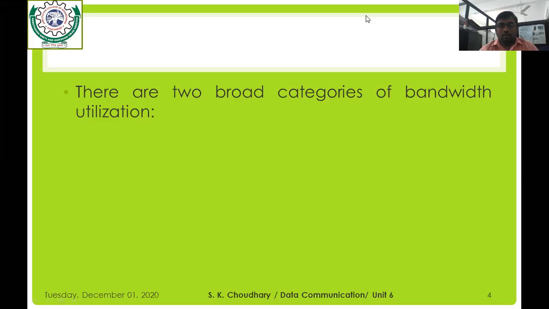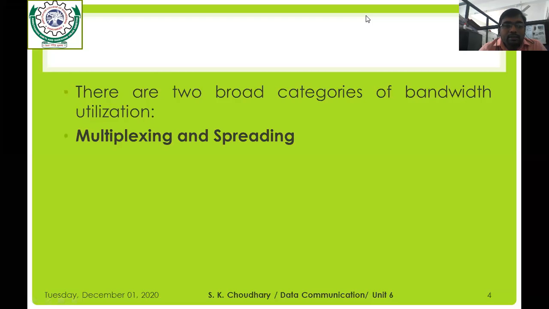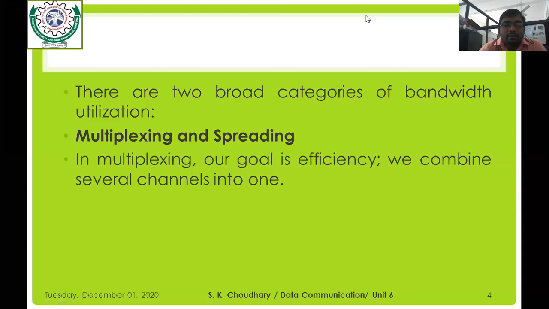There are two broad categories of bandwidth utilization. The first one is multiplexing, and the second one is spreading. In multiplexing, our goal is efficiency. We combine several channels into one channel.